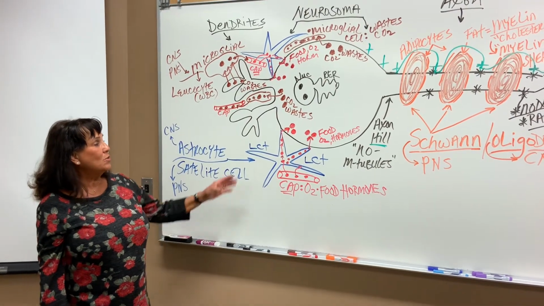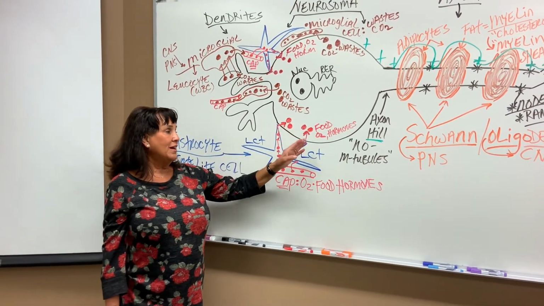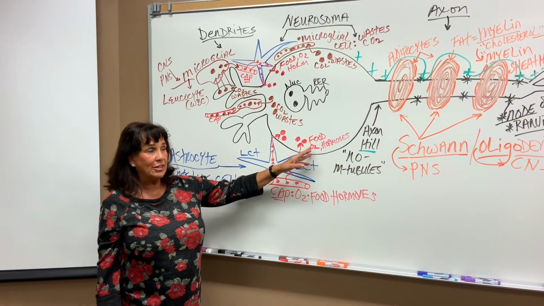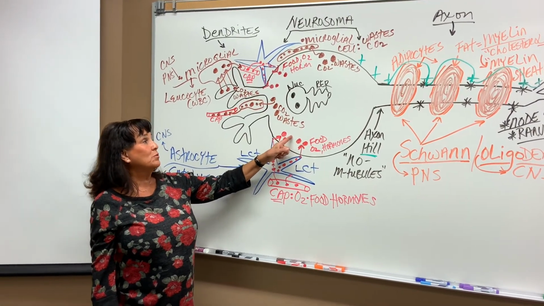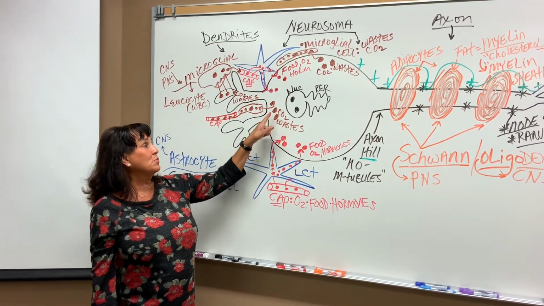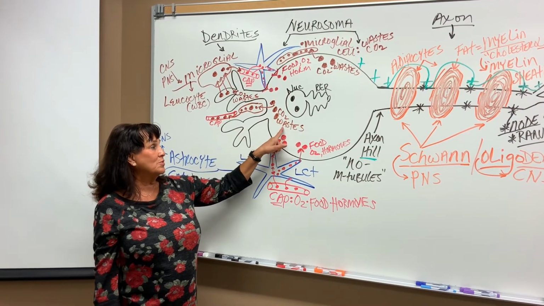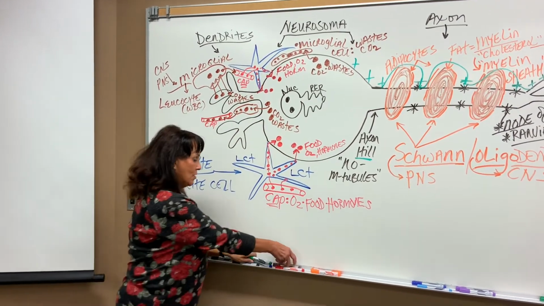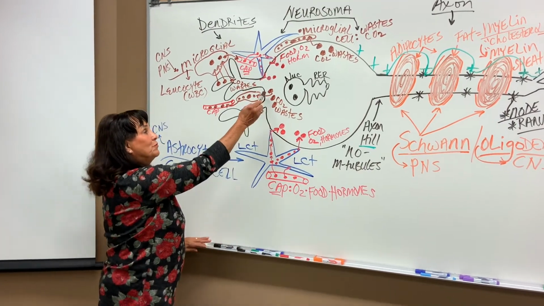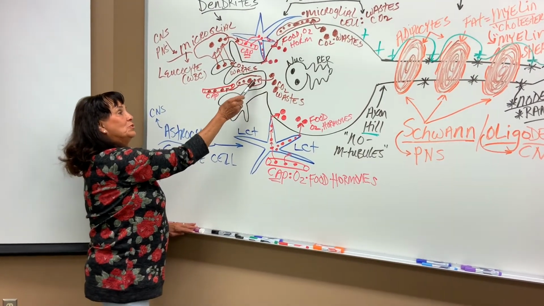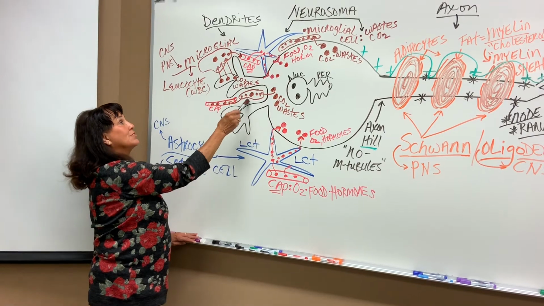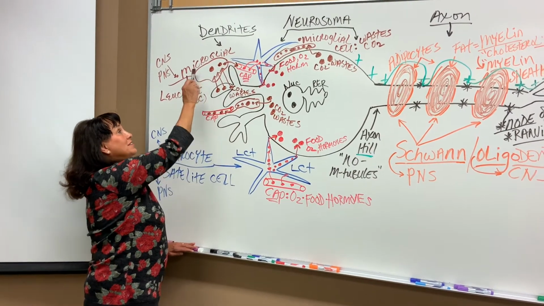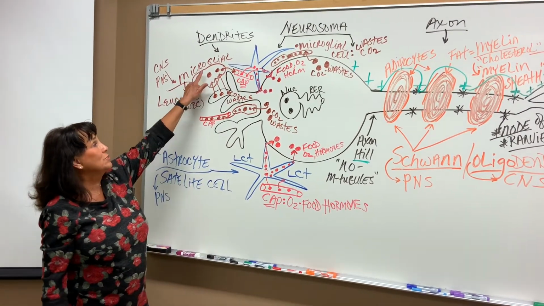Now once you feed a cell and give it oxygen, it's going to use it, and then it's going to create waste products. Here are the waste products, CO2 and waste products from metabolism. Now the waste products have to move from the neuron into these brown cells right here. These cells are called microglial cells.